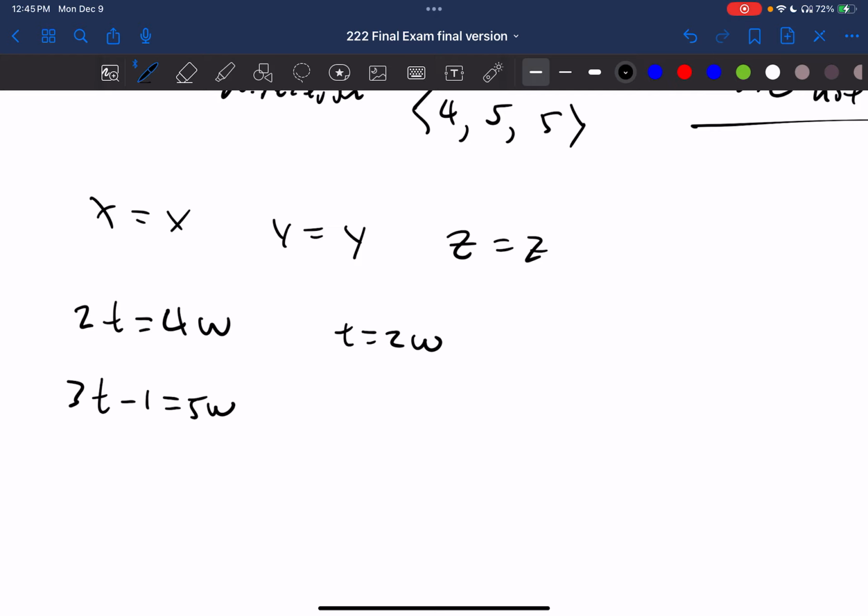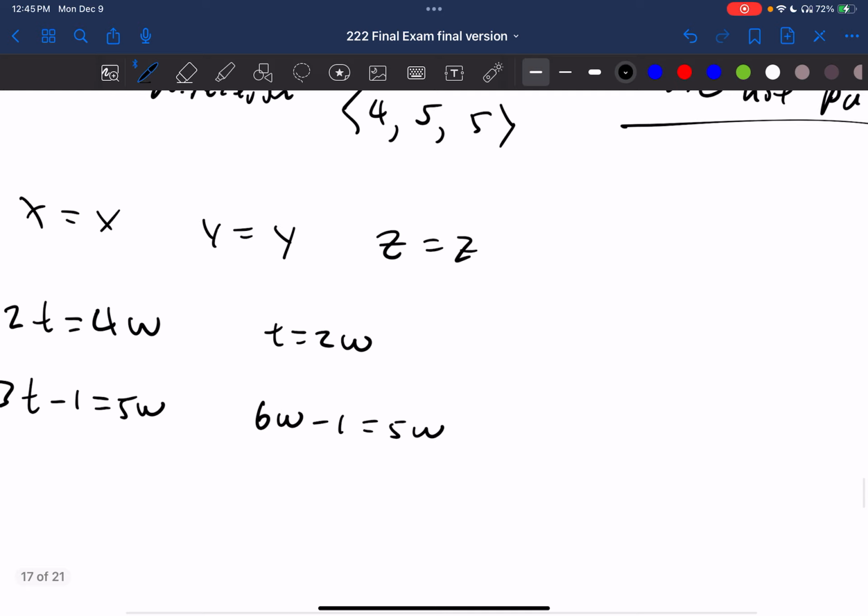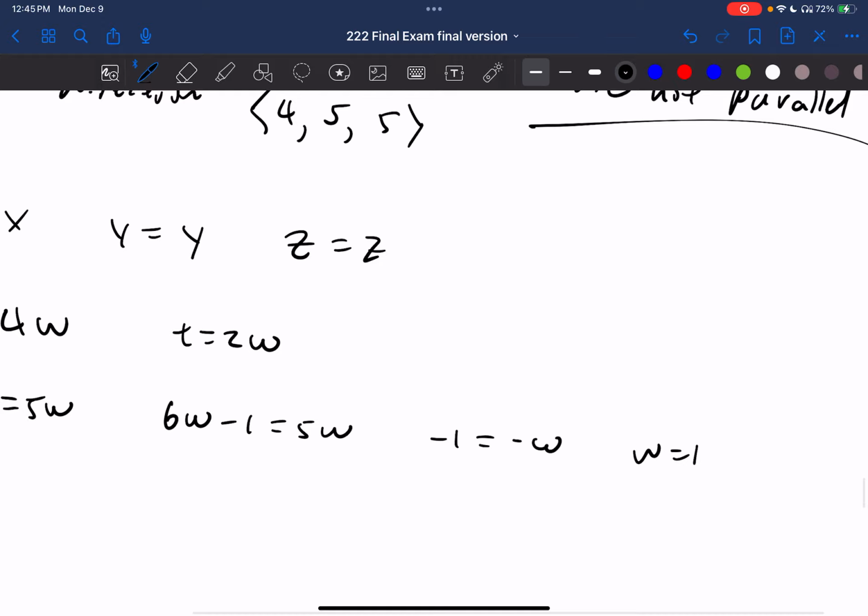If we plug in t, we're going to get 6w minus 1 is equal to 5w. Subtracting that over, we're going to get negative 1 is equal to negative w. We can see w is equal to 1.